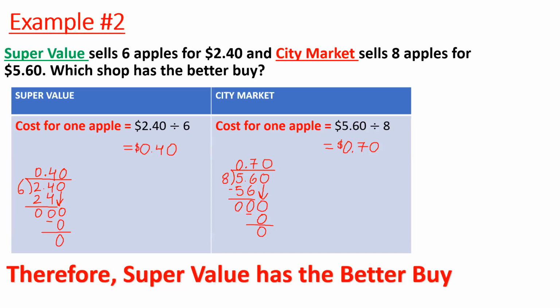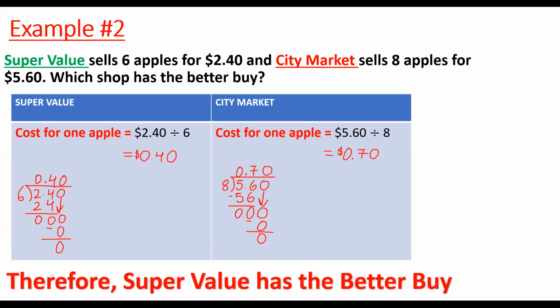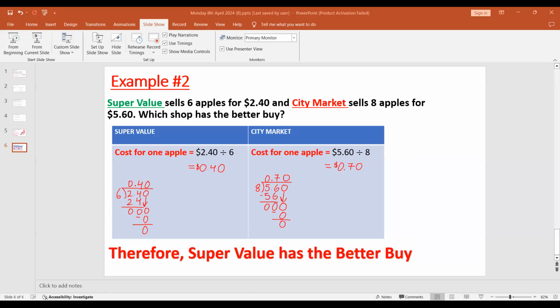So, Tegan, do you understand this? Explain how we got the better buy. The question is, SuperValue sells 6 apples for $2.40, and City Market sells 8 apples for $5.60.